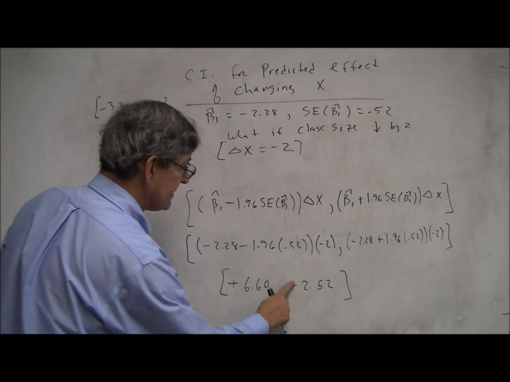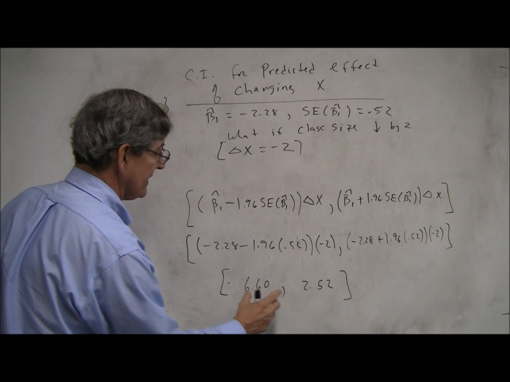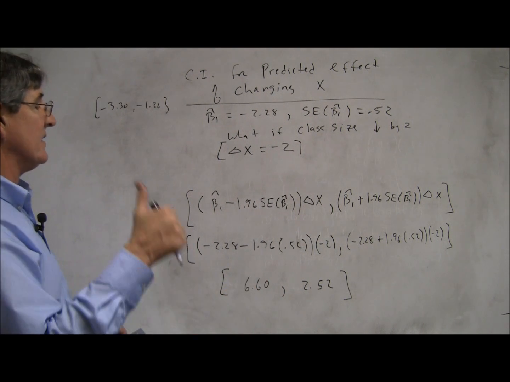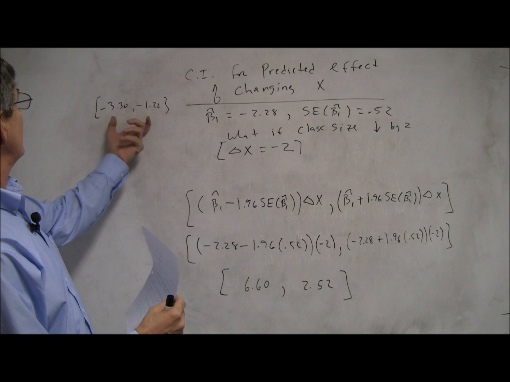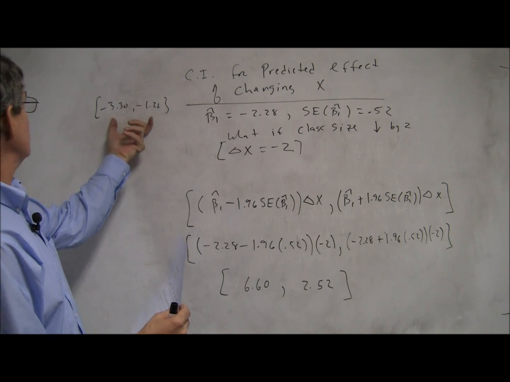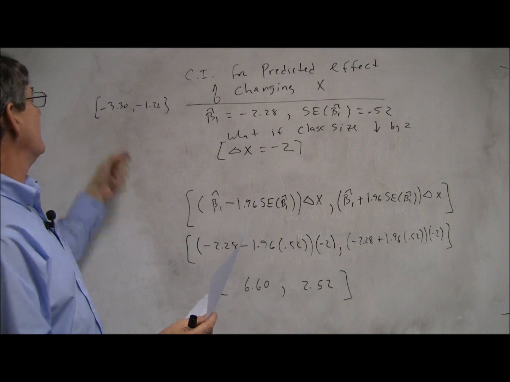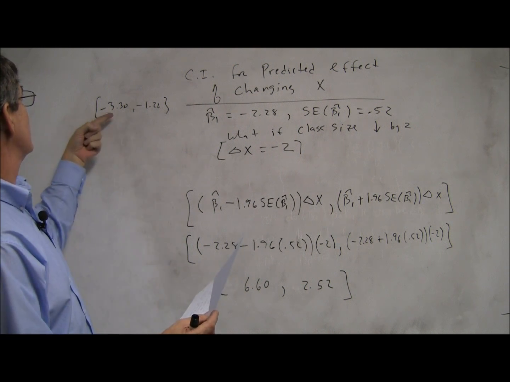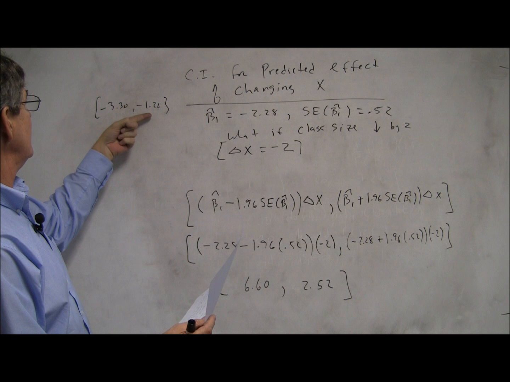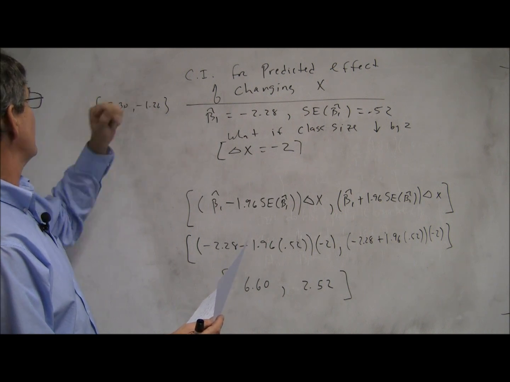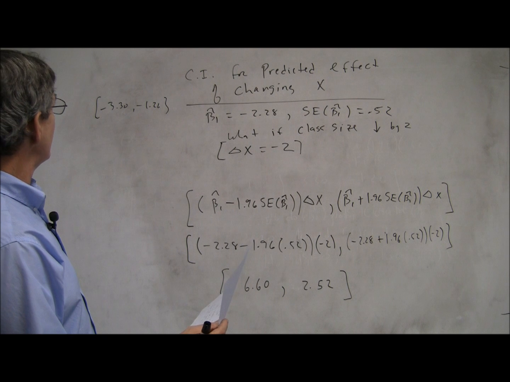So this is the 95% confidence interval for a decline in class size of 2. What I wrote down initially was for an increase in class size of 2. But again, it's just these things times minus 2. If it went up by 3, this would be minus 9.90, and this would be minus 3.78.